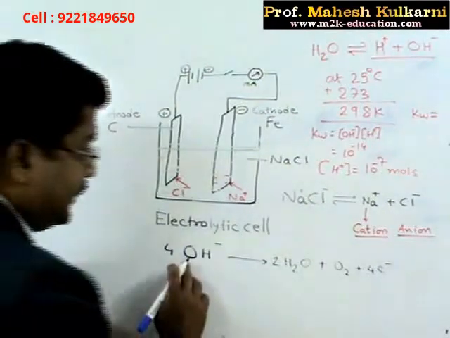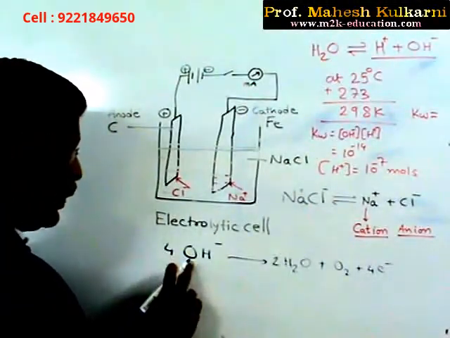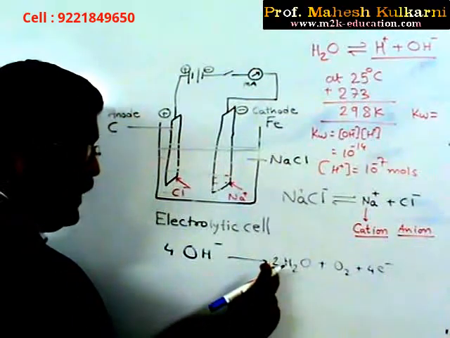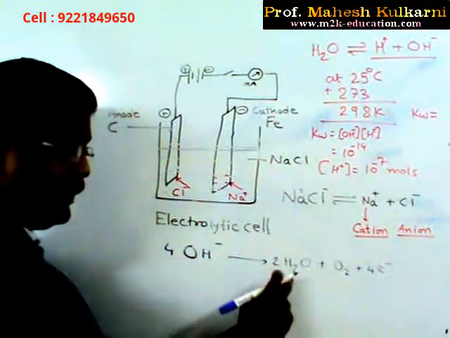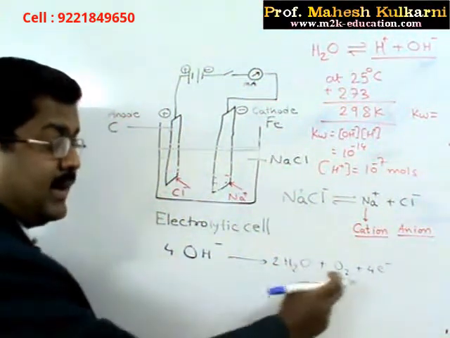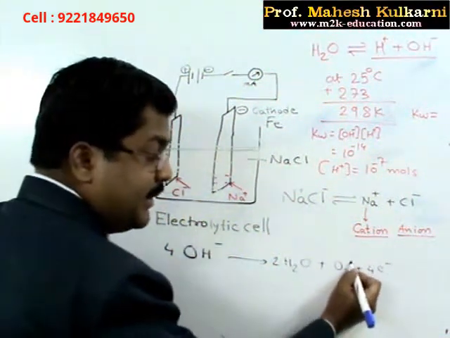So simply 4 OH minus: here 4 O, 4 H. Whereas here I am writing 2 H2O, that means 2 twos are 4, 4 hydrogens, so the 4 hydrogens are balanced. 2 oxygen remain, that is liberated here.